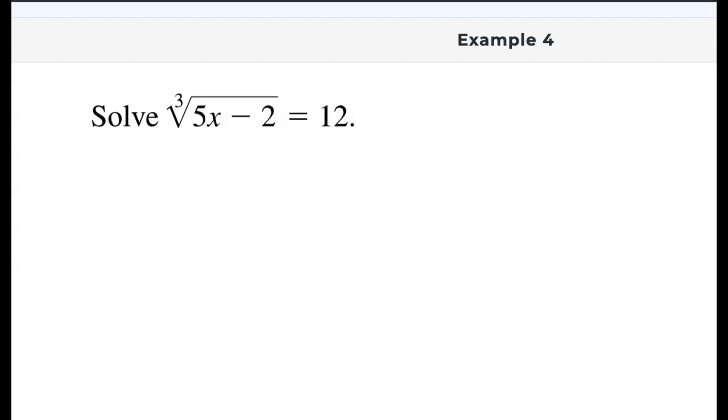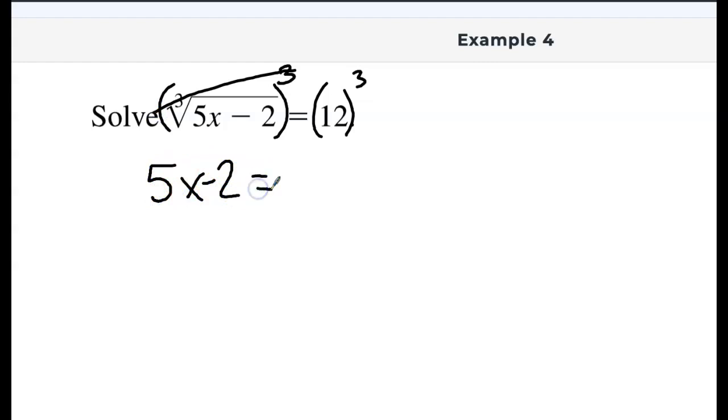So this time I have what? Cube root. So what's the opposite of a cube root? Cube. What does it mean to cube it? Times itself 3 times. So then that would get rid of that. I'd have 5x minus 2 equals, what's 12 cubed? 1,728.